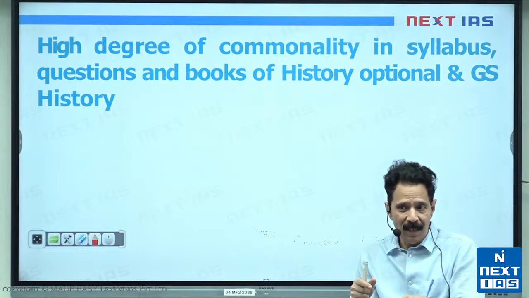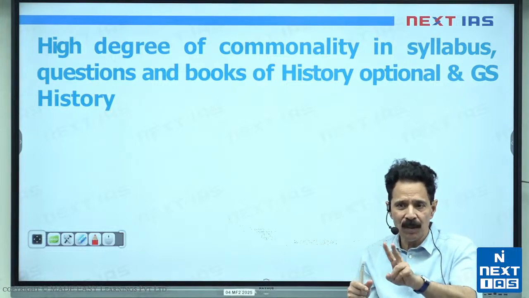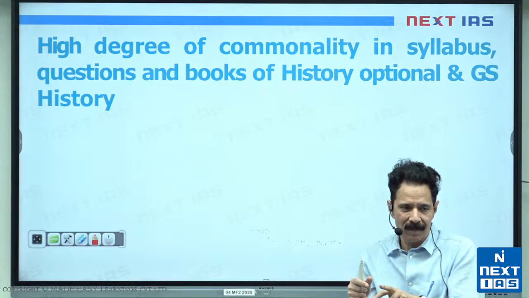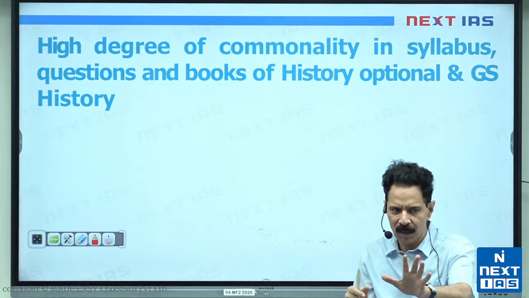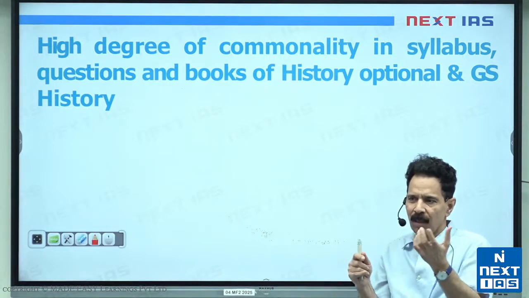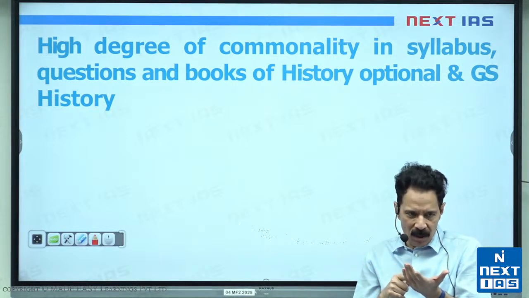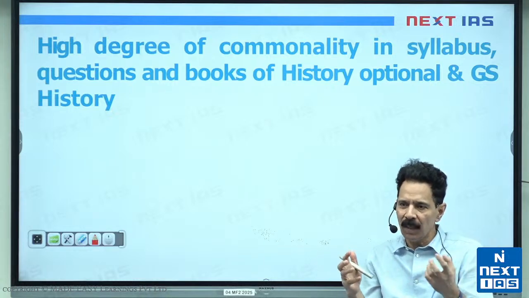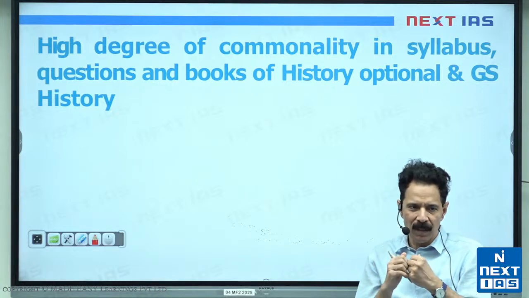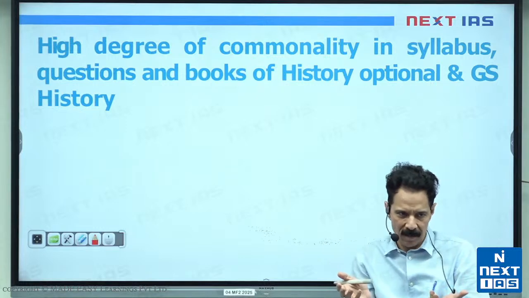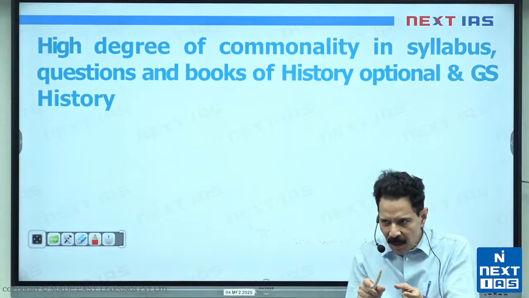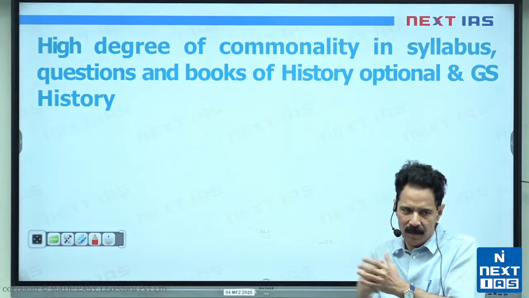Same year, same question in both. I remember a certain question I'm telling you. One question occurs in GS: Stupa architecture using folk narratives and symbols expounded Buddhist ideals. The same statement occurs in history optional also as a question.